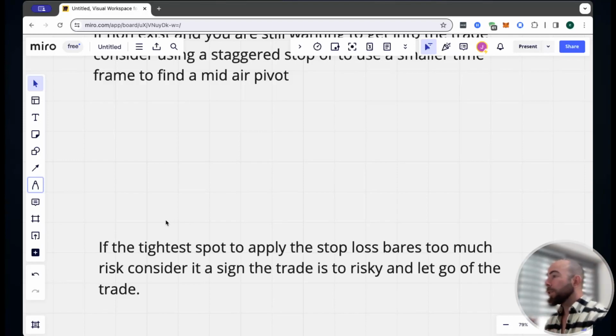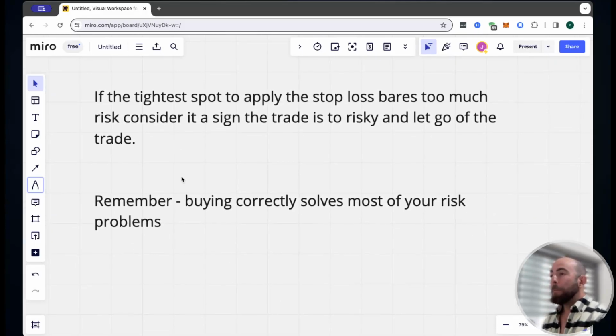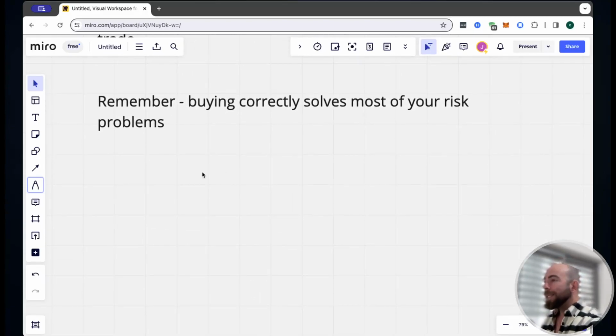So consider, if there is no tight stop loss, no less than 10%, consider it sometimes as a sign to not take the trade. Remember, buying correctly solves most of your risk management problems. So this is it in a nutshell.